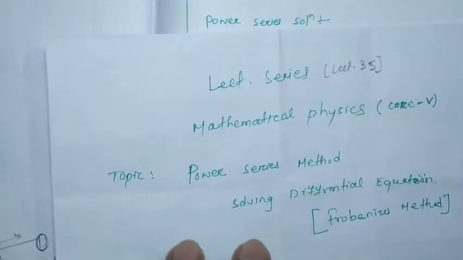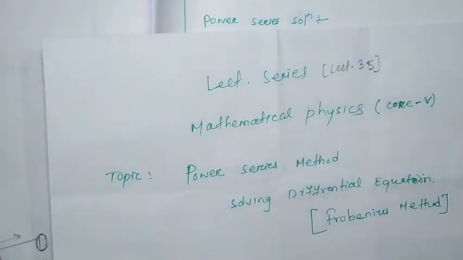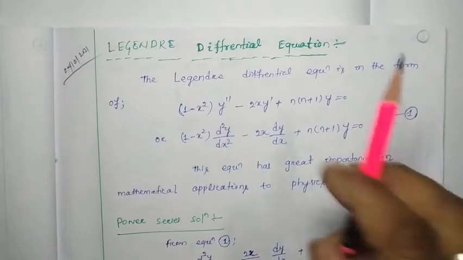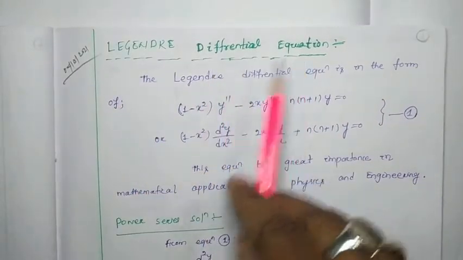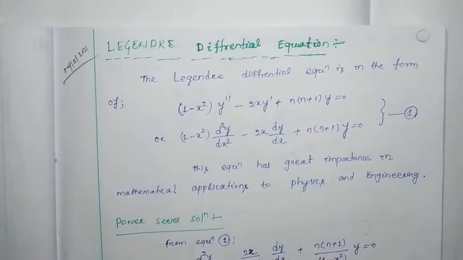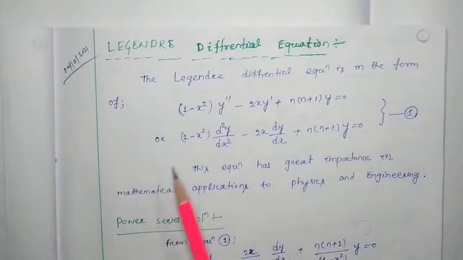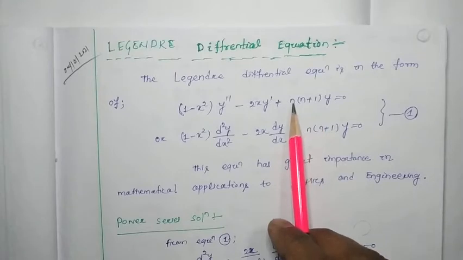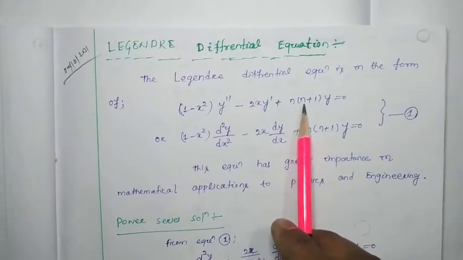In our last lecture we started to discuss the Legendre differential equation. The Legendre differential equation is in the format of this one, where n is an integer, as given in the equation.